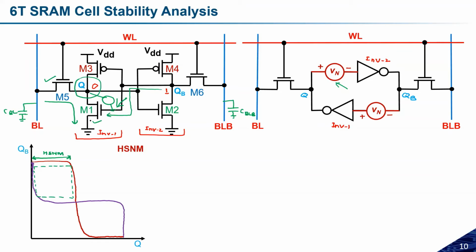So the characteristics will not be the same as an inverter. It will never reach logic 0, because this noise will force Q to maintain logic high. But because of the strong M1, this might start changing the logic. This is why it gives inverter characteristics but not perfectly.